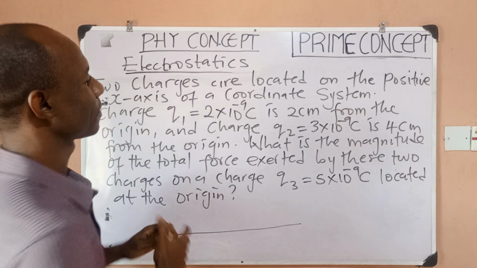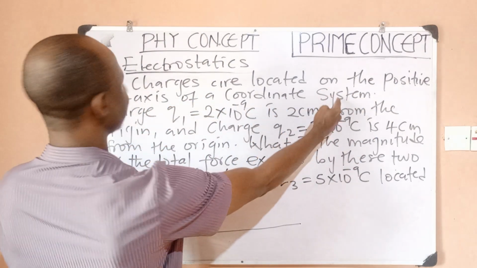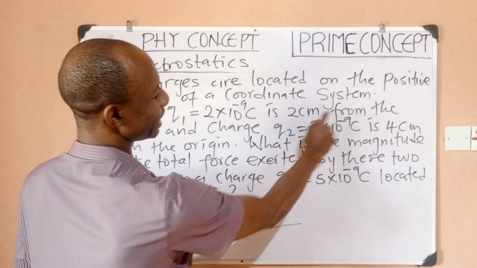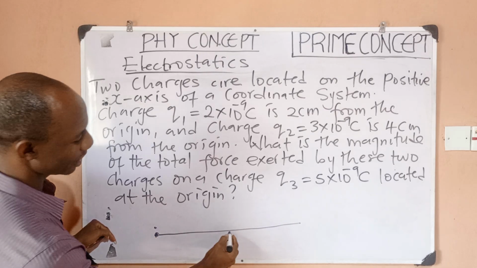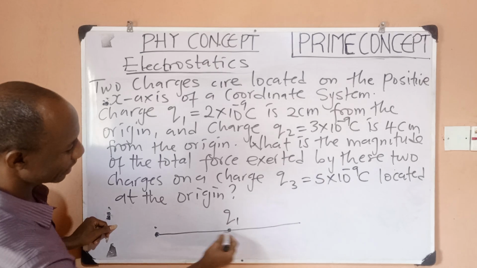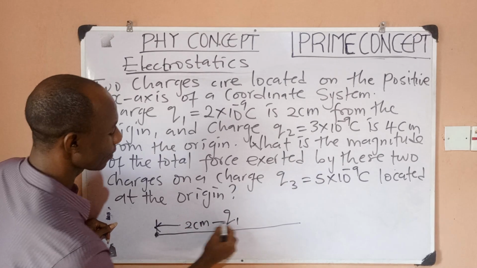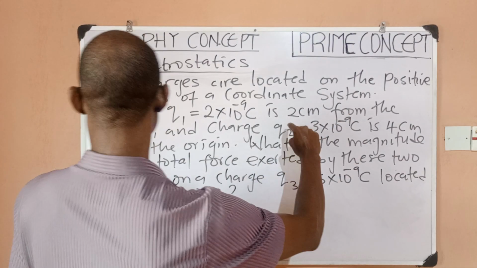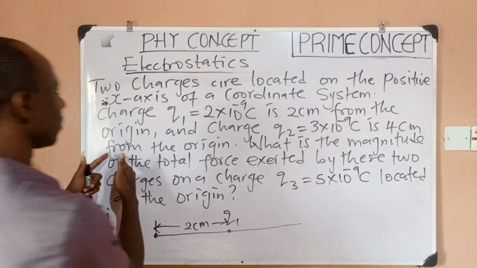Two charges are located on the positive x-axis of a coordinate system. Charge Q1 is 2 cm from the origin. So if this is our origin, from here to here, let it be 2 cm. This is where we have Q1. And charge Q2 is 4 cm from the origin.